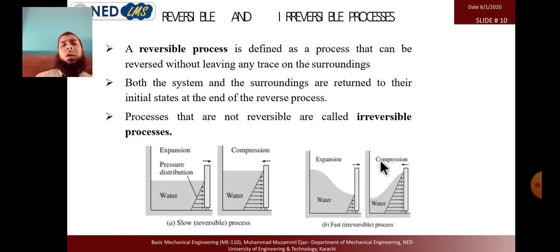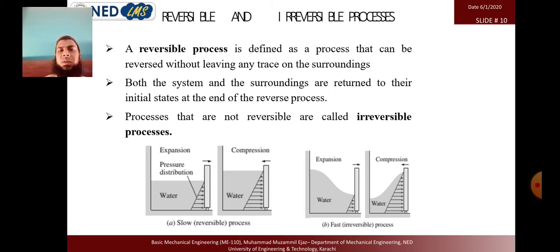In the real world, all processes are irreversible, because when anything happens in a system, some of the energy is released to the surrounding. So no real cycle has 100% reversible effects.